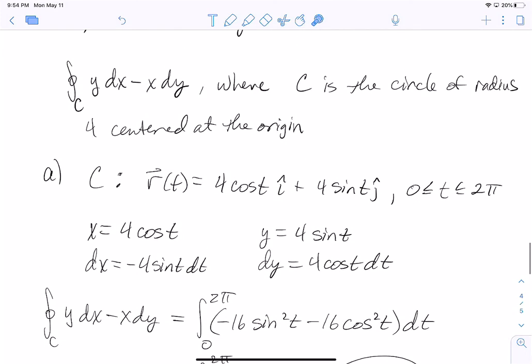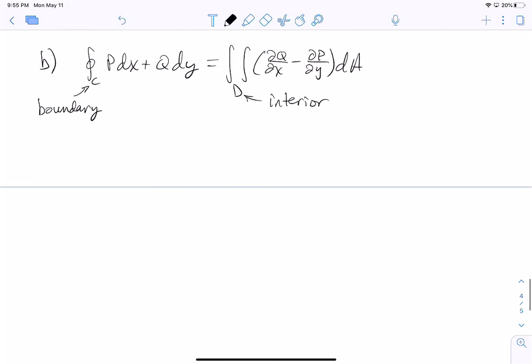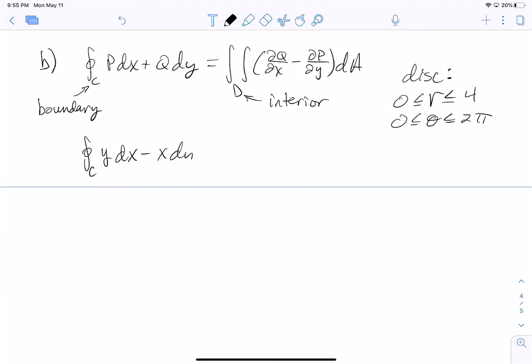For the original curve, the circle of radius 4 centered at the origin, the region is the disk. And for this disk, we have that r will go from 0 to 4, and theta will go from 0 to 2 pi. We get to do that now because we're talking about a double integral, so I can have two variables. Comparing what's on the left-hand side of Green's theorem with the original integral, we had the line integral over C of y dx minus x dy, and at this point it's kind of a matching game.